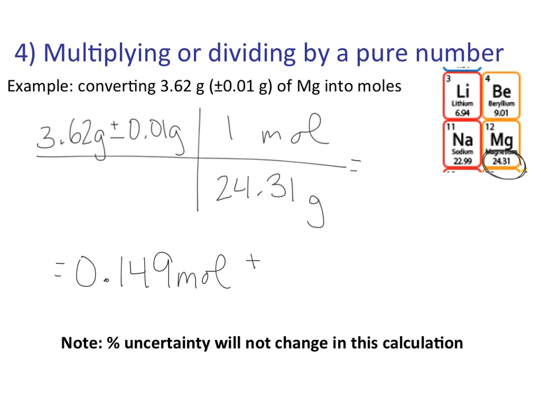And then plus or minus, to get our uncertainty, you're going to take your absolute uncertainty and also divide it by 24.31. So doing 0.01 divided by 24.31, that gets you 0.00411 moles.